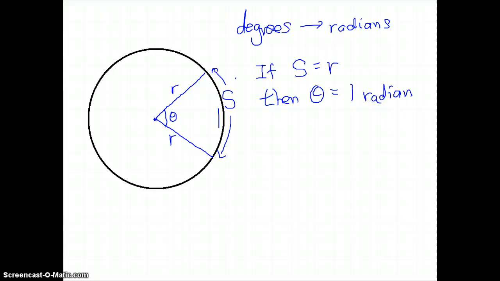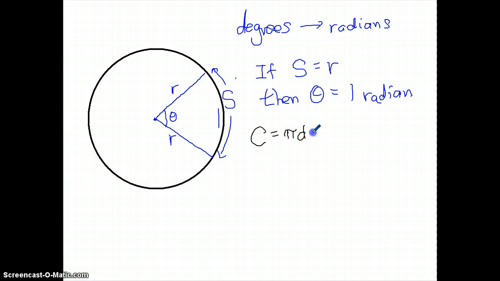And so let's think about the circumference of a circle. We may remember from geometry that the circumference of a circle is pi times the diameter.